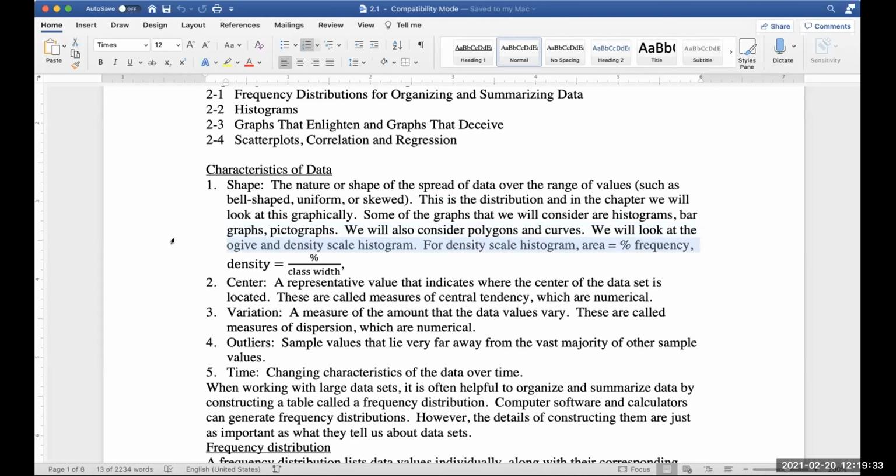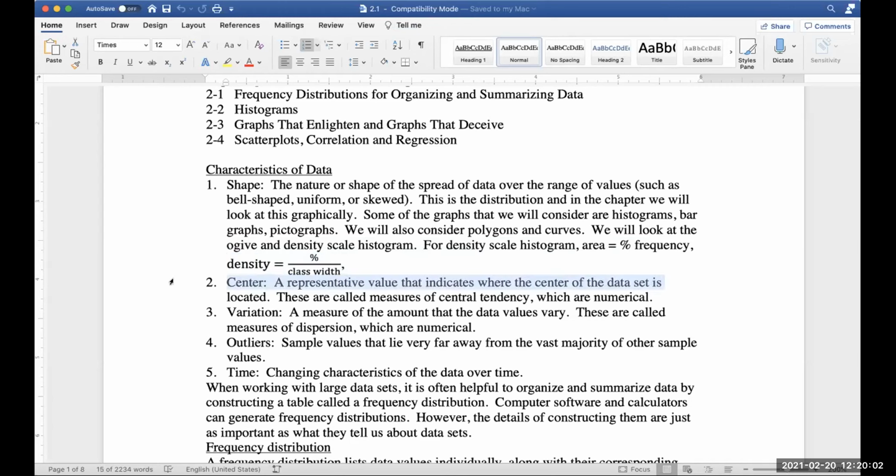We will consider what's called the ogive and density scale histograms. In density scale histograms, the area will correspond to the percentage frequency in each interval. So the density is the percentage frequency divided by the class width.